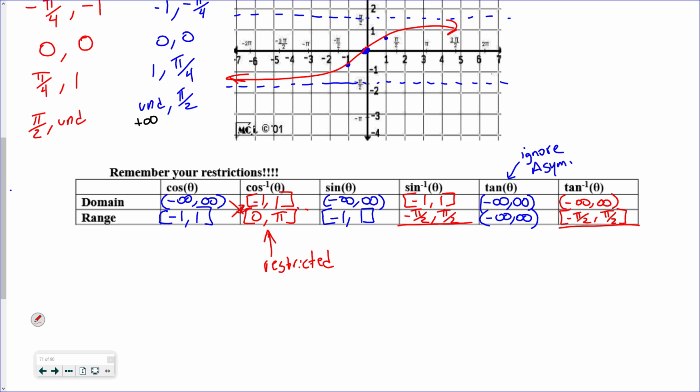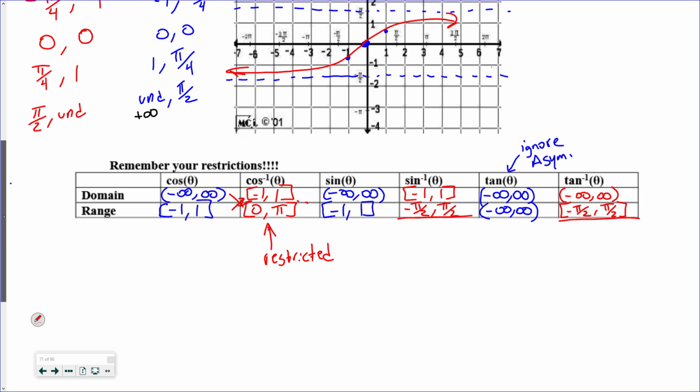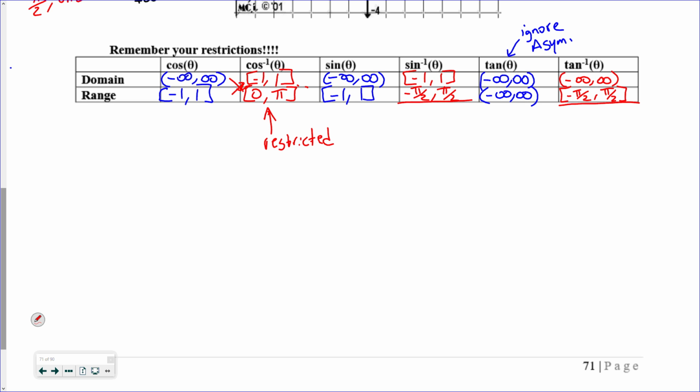Now I just want to point out a practical application for this. What this means is that we are always going to have answers that fall within our domain and range. So if you ever have a question where you are not in the correct domain, you immediately know that the function is broken.